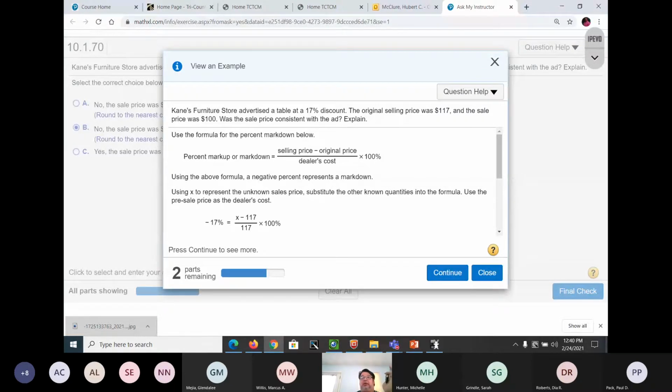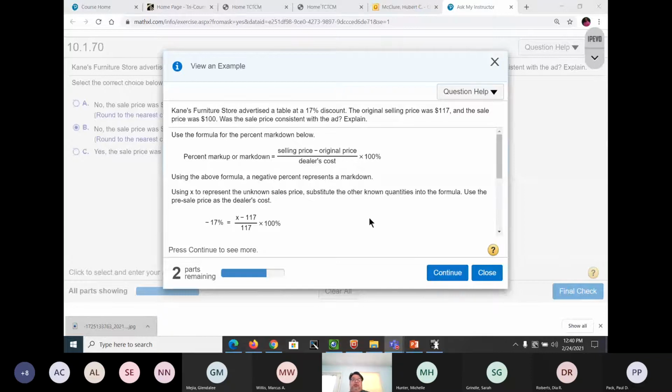So y'all get that? Now we got two variables with one number. I have never seen this before in mathematics, where two variables, dealer's cost and original price, are the same number.